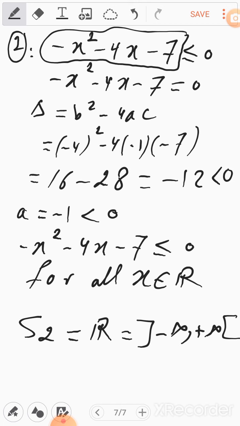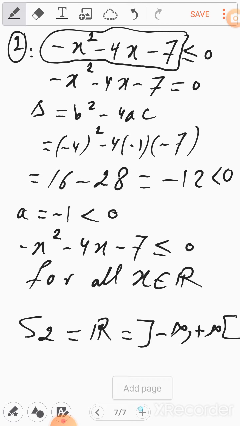Since it is negative for all values of x, S2 is minus infinity to plus infinity.